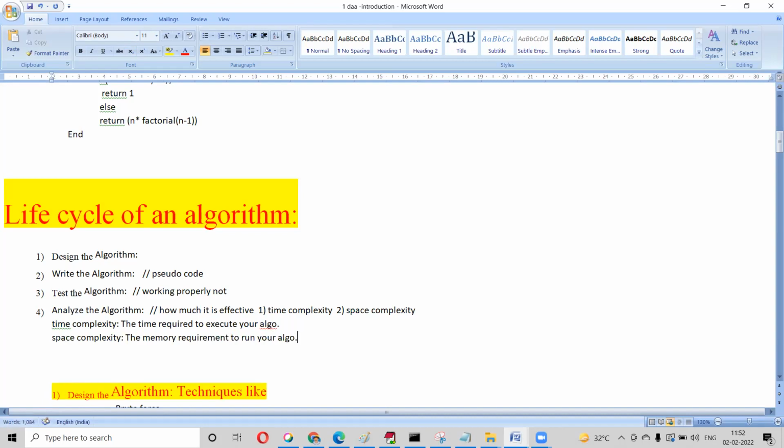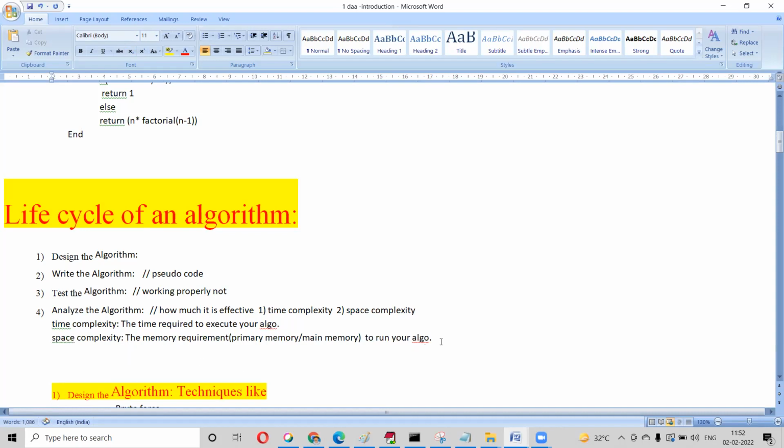Which type of memory? Primary memory or main memory. The primary memory required to run your algorithm is said to be space complexity.